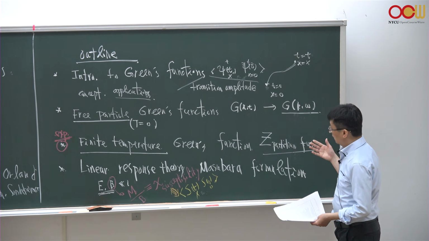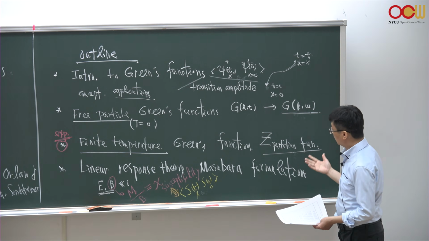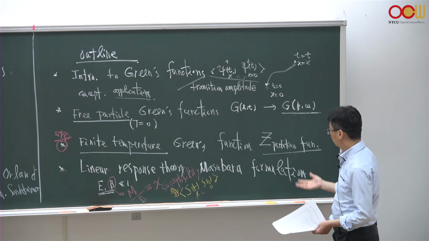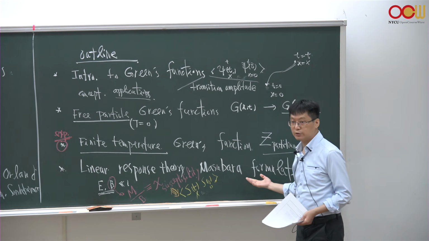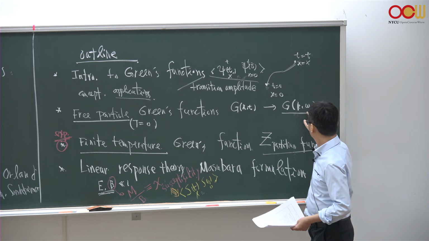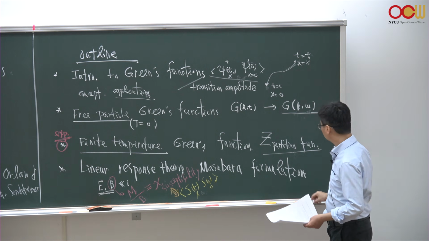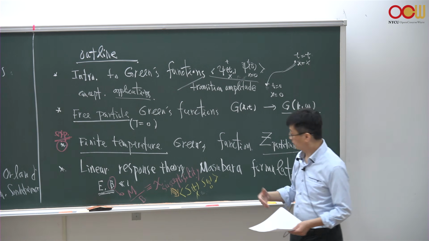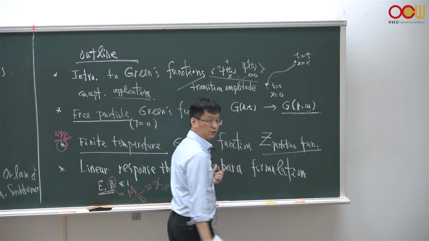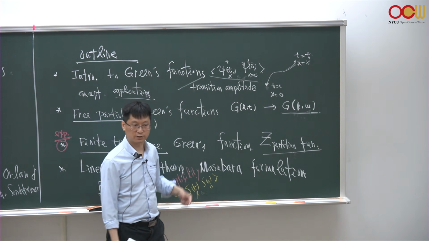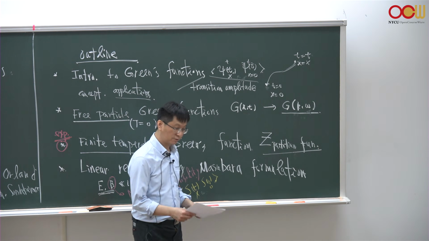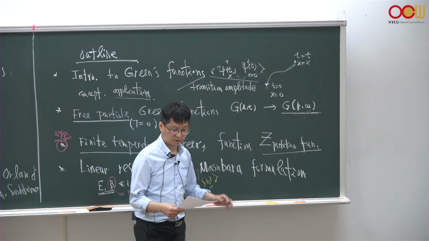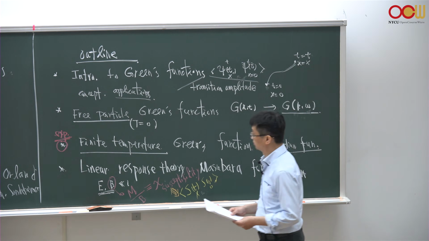In other words, at finite temperatures, the Green's function calculations involve a discrete Fourier transformation from real time to the Matsubara frequency domain, and fermionic and bosonic particles have different symmetries and values of these discrete Matsubara frequencies, and this will be discussed in our course later.